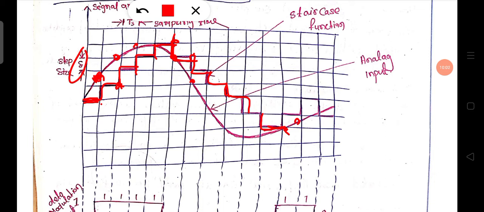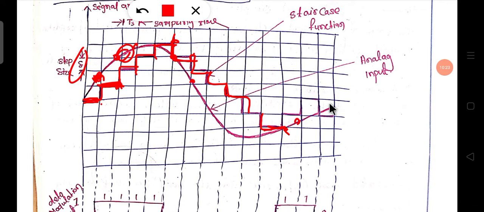Always compare at one point. Always compare the present or previous staircase level with the upcoming amplitude of the analog signal.